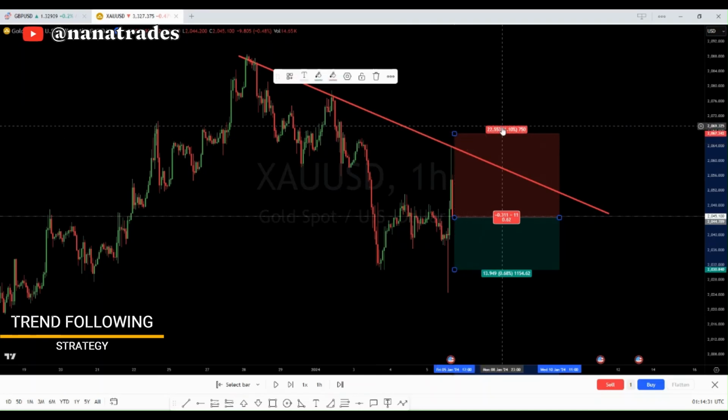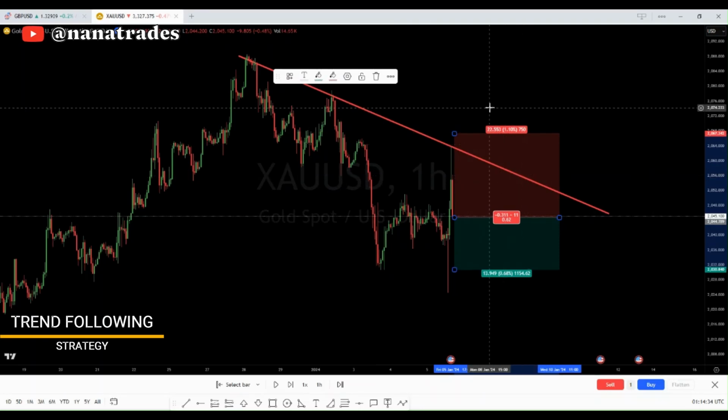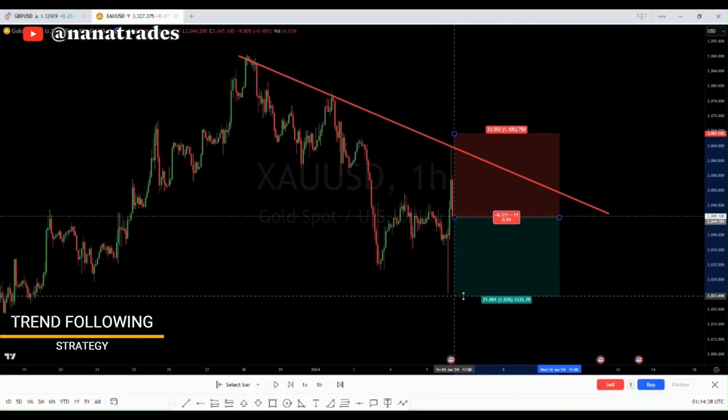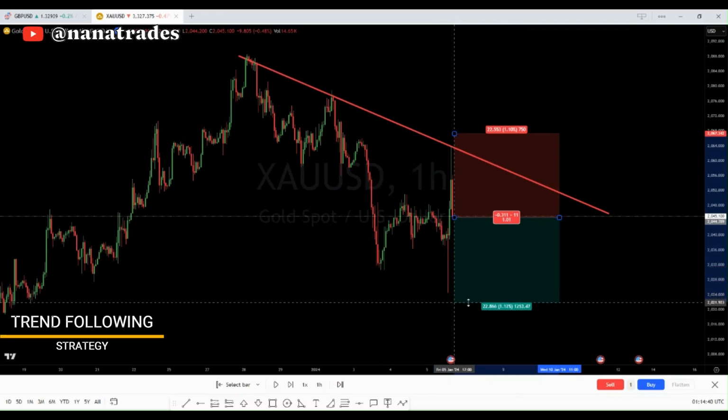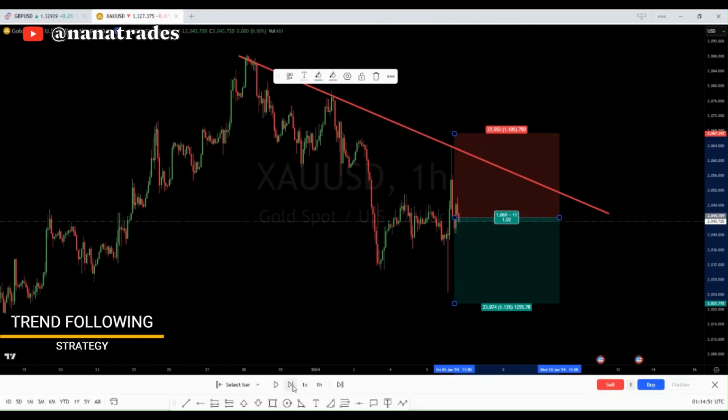That is 220 pips on gold. And then let's just say I'm targeting a 1:1, so 22, 23, yeah, that is a 1:1. All right, and we see the market move downwards, and then boom, we hit our take profit.